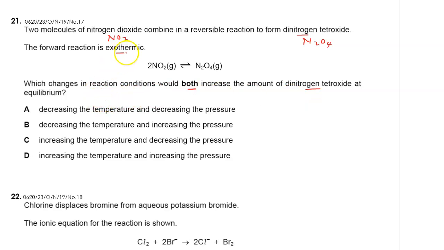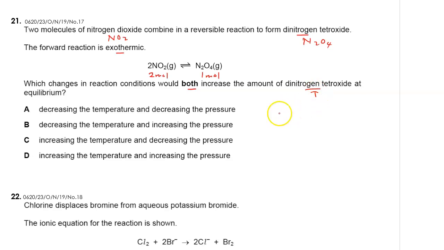The reaction is exothermic, and we have 2 moles on the left hand side while we have 1 mole on the right hand side. So increasing pressure will shift the equilibrium position to the right. Decreasing temperature will also shift the equilibrium position to the right and produce more of dinitrogen tetroxide.